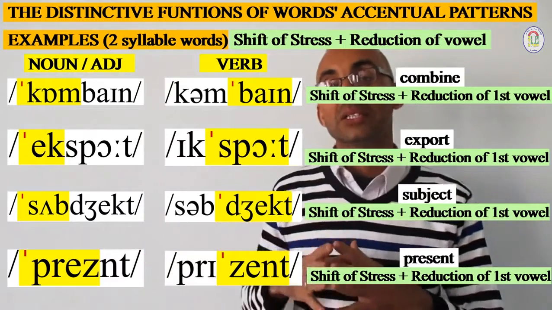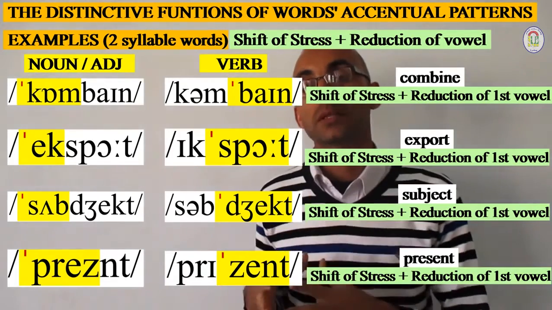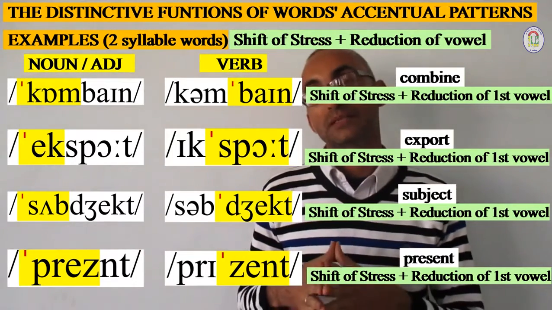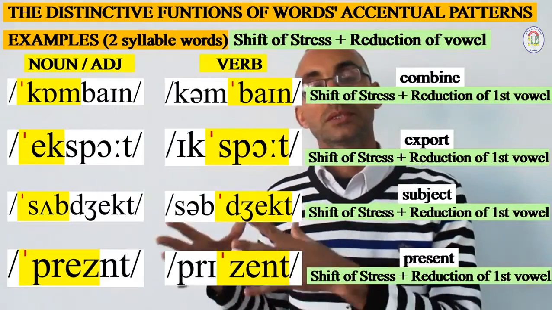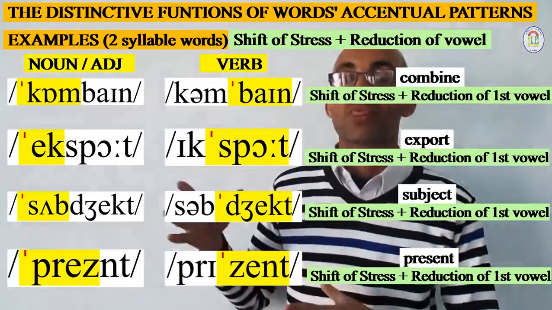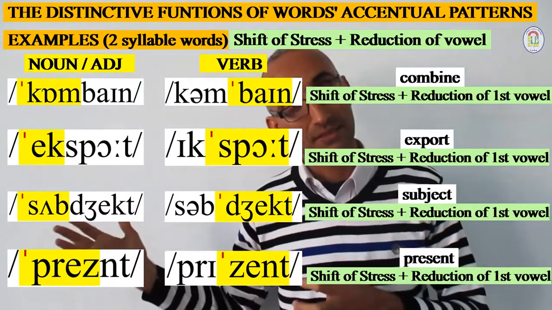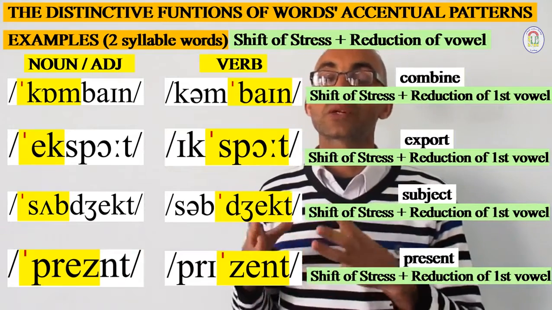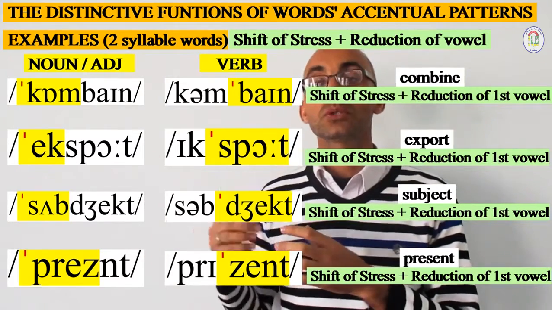Now, but here if I change the accentual pattern of this word, present, it means instead of stressing the first syllable in present, I stress the second syllable in present, number one, and this change in stress placement is also related to what?